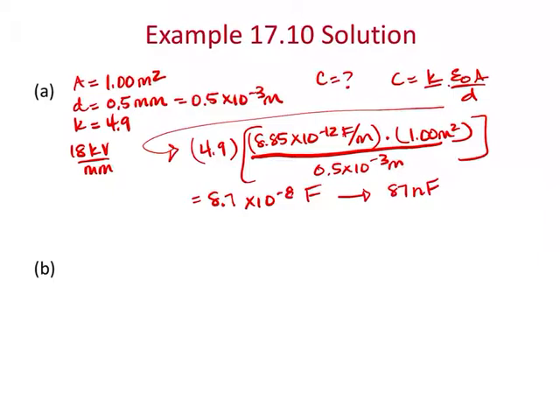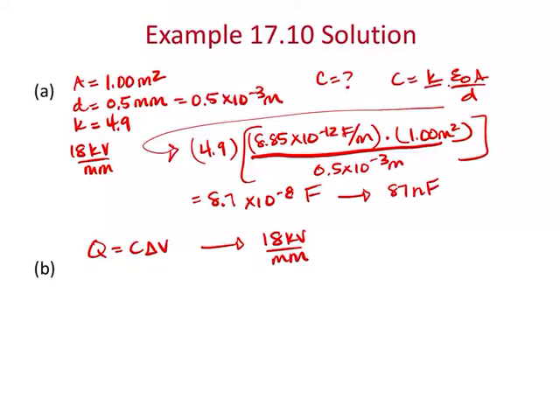Part B says, what is the maximum charge that can be stored on the capacitor? If we go through our equations again, charge is equal to capacitance times the voltage. Were we given just straight up voltage? No, we were given the dielectric strength, 18 kilovolts per millimeter.